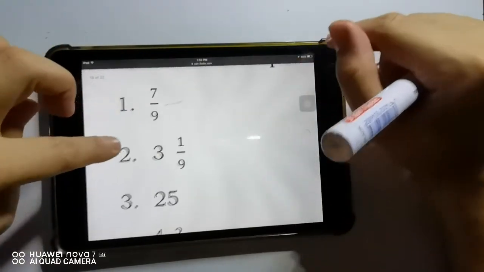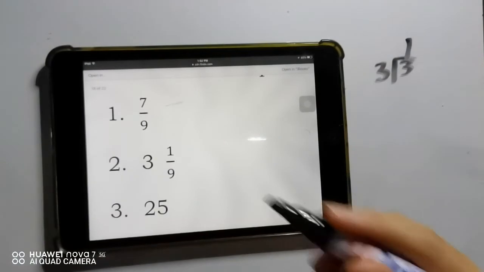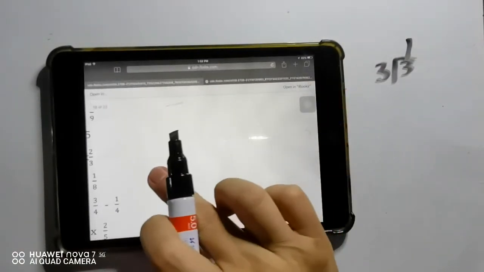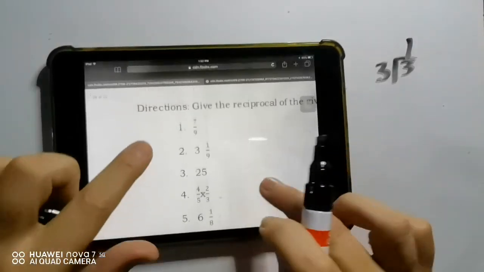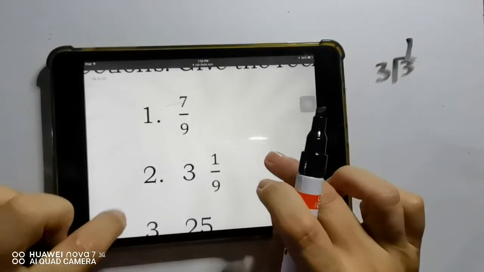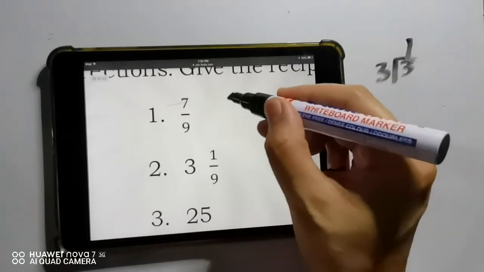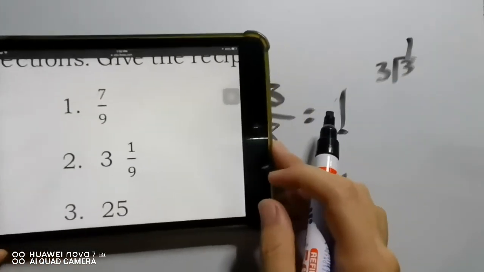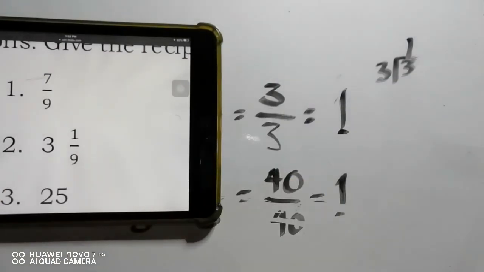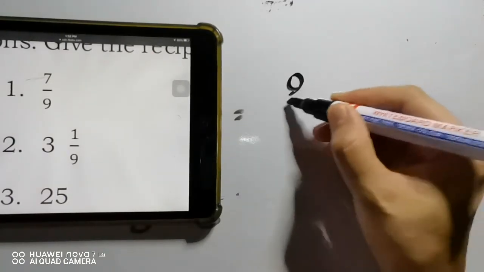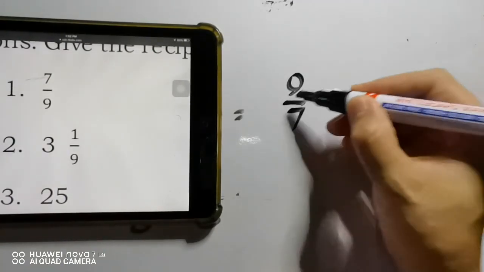Example. So, sagutan natin, ha? So, 7/9. Ang reciprocal niyan ay 9/7. Okay. Gawin natin dito. So, 7/9, reciprocal 9/7. Okay.